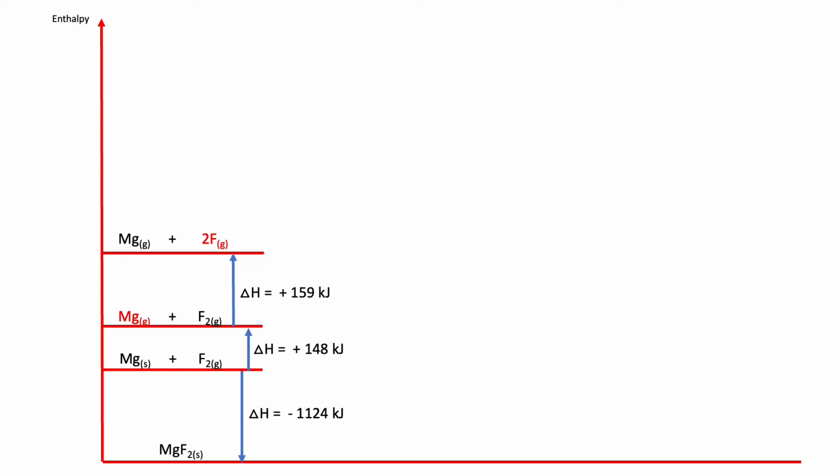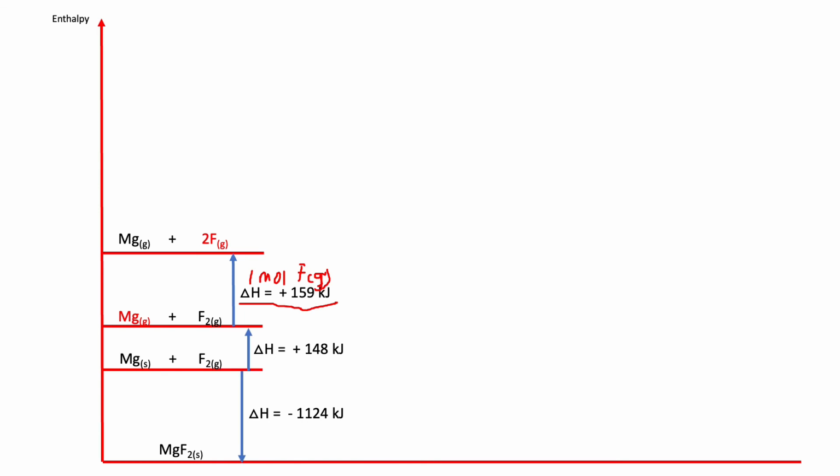But please remember one thing. The value given to you here is only for the production of 1 mole fluorine gas. Because if you read back the definition of enthalpy of atomization, it is referring to the production of 1 mole of gaseous atom.